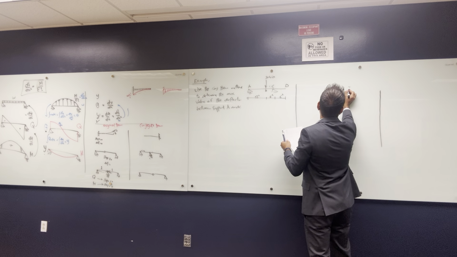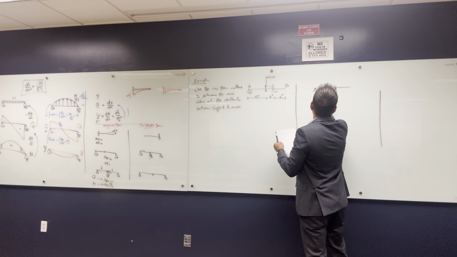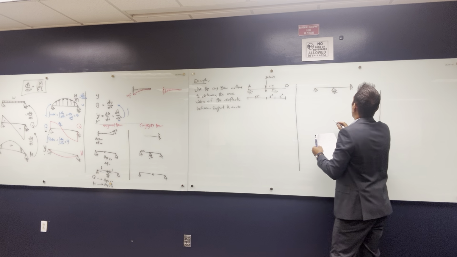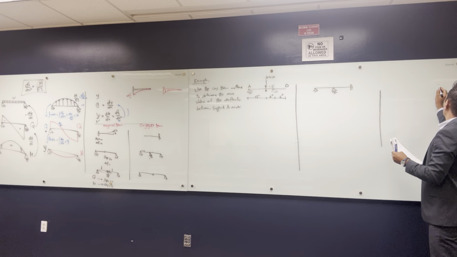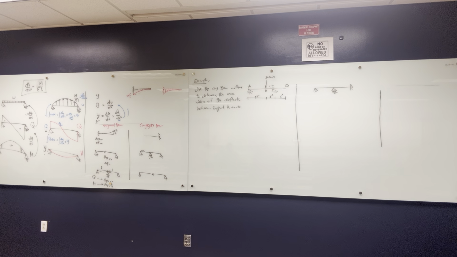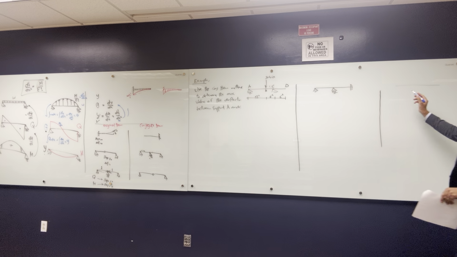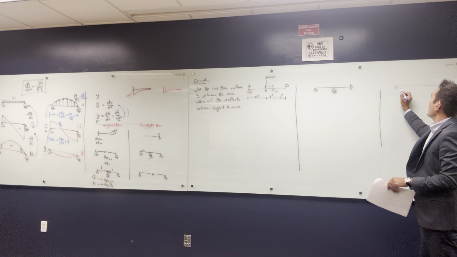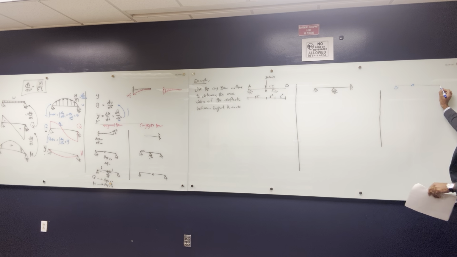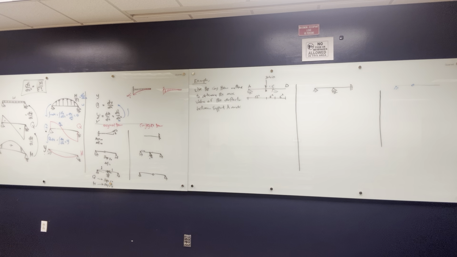If I have fixed, how is the conjugate beam gonna look? What support am I gonna put here? Hinge. How about here? Intermediate hinge. How about here? It's gonna be free. So you will tell me, but this, I can't solve it.